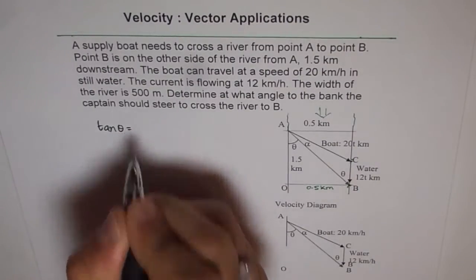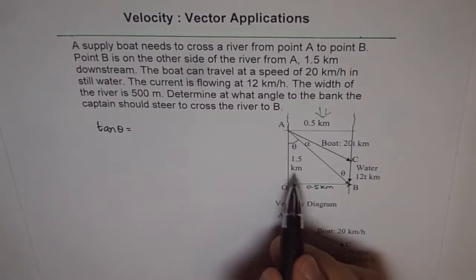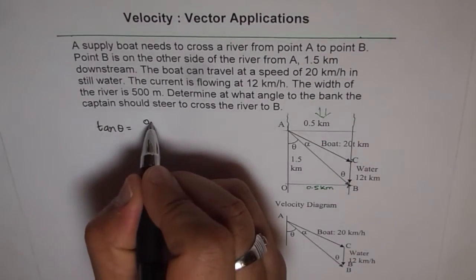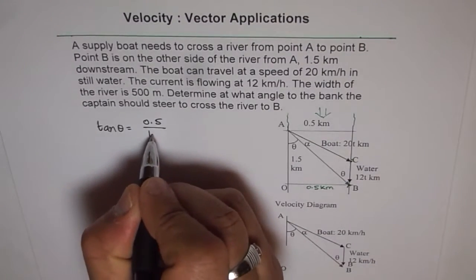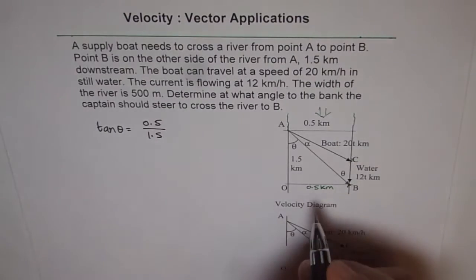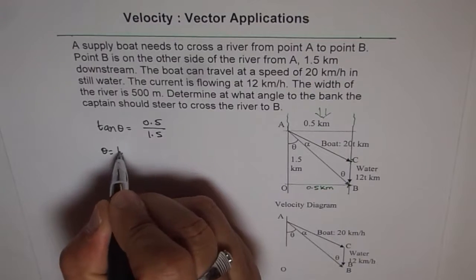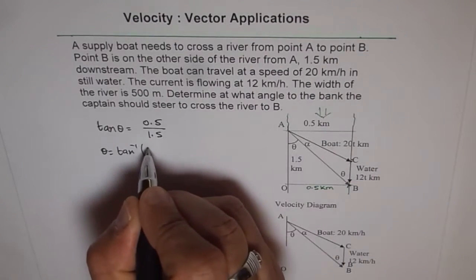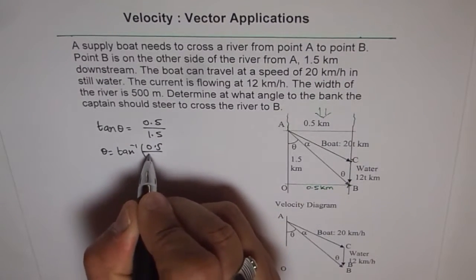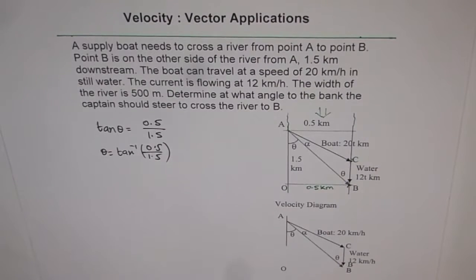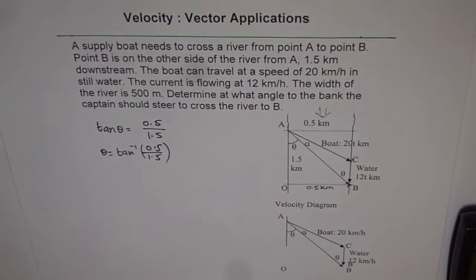Tan theta is opposite over adjacent, that means 0.5 over 1.5, correct? So that gives us the value of theta. We say theta equals tan inverse of 0.5 over 1.5. We can use our calculator and find the inverse.